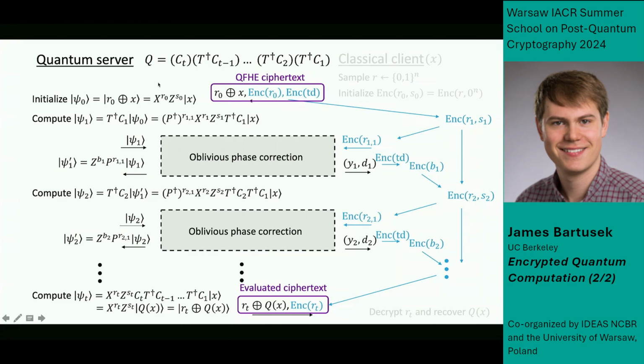And then, given this information, a quantum machine can perform this entire slide without any help. It can, on the one hand, do these quantum operations, and on the other hand, in parallel, do these classical FHE operations, and at the end of the day, end up with this final evaluated ciphertext.